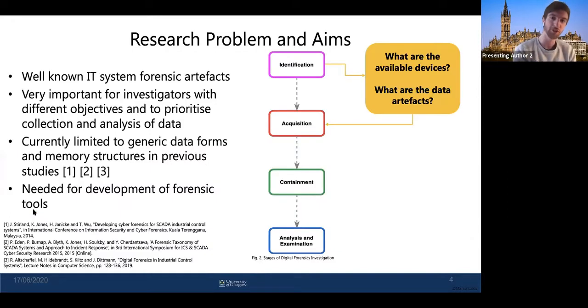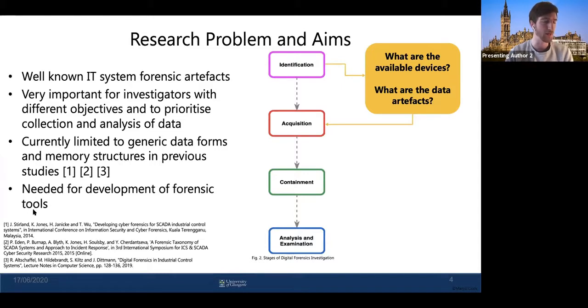Okay, so what was our research problem and aims with this project? There's been a lot of emphasis over the past couple of decades placed on digital forensics for IT systems, particularly with the introduction of systematic approaches and international standards on digital forensic science, such as those found in the ISO 27000 series, which I'm sure many of you will be familiar with. There's also been a lot of research to show what the available data artifacts are from common IT systems such as Windows or Linux.